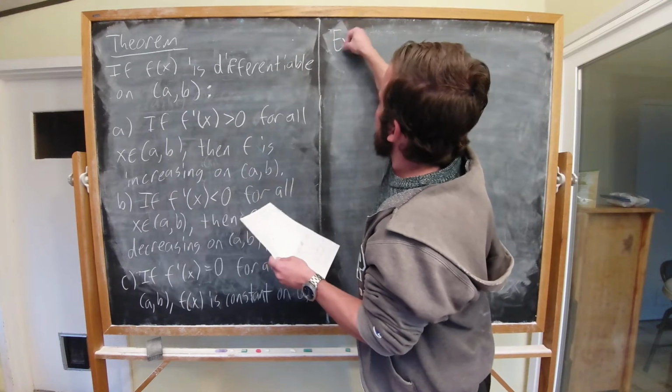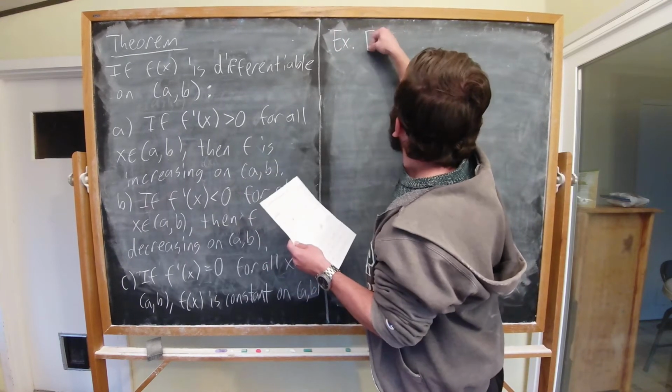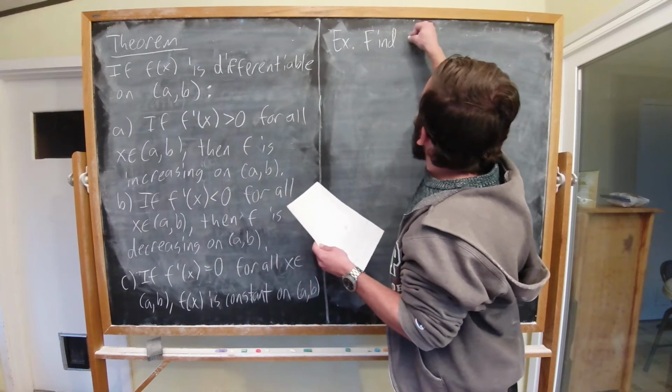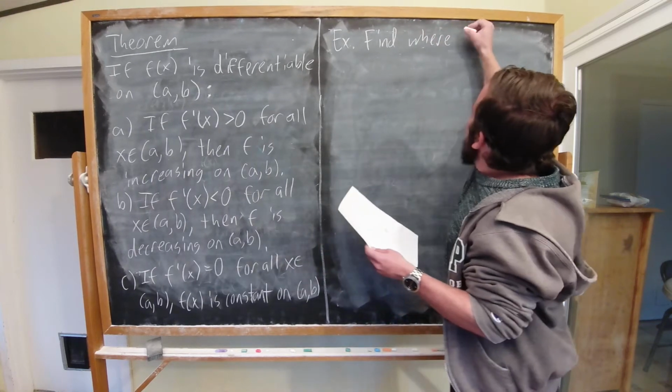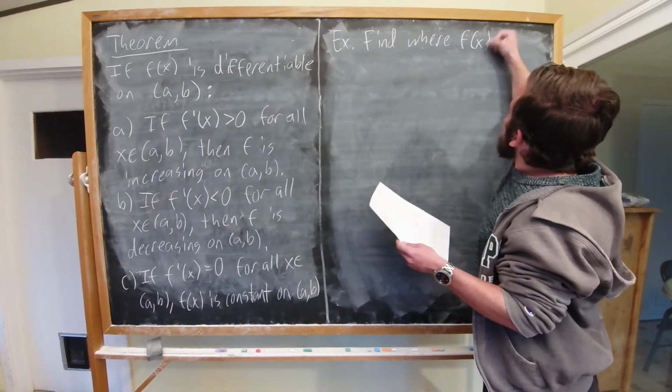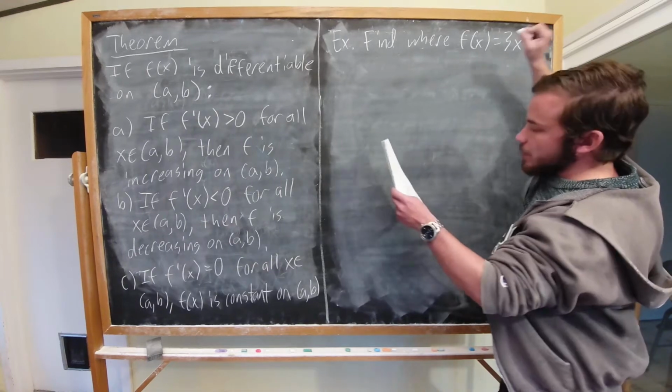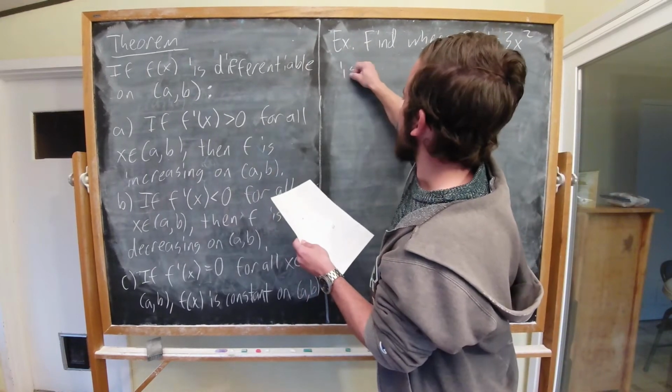So, as an example, let's find where f of x equal to 3x squared is increasing and decreasing.